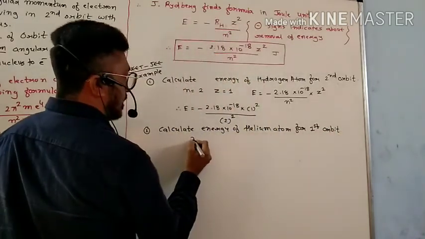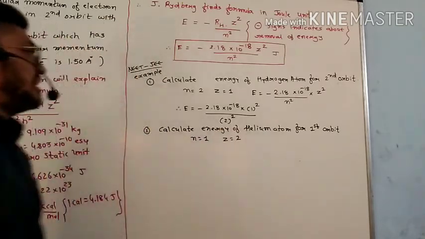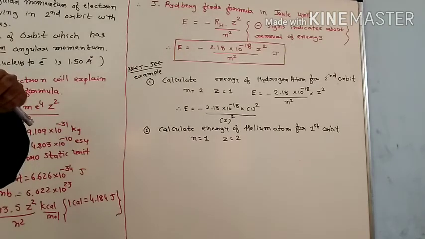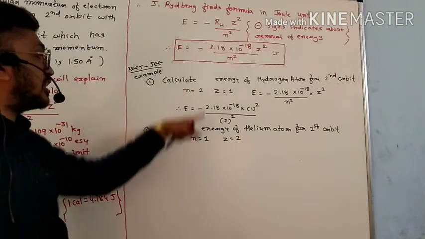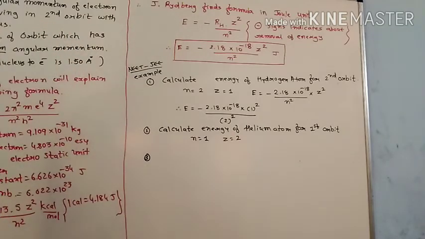So here n is equal to 1, but for helium Z is equal to 2. Now you will put both these values in the above equation, and you will get the final answer. Okay, now it is very easy for you all. These are the practice sessions which I will give you. You all have to practice this and get a grip on this type of numericals.